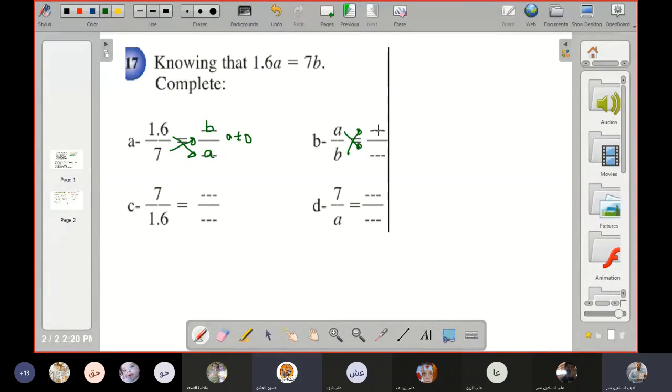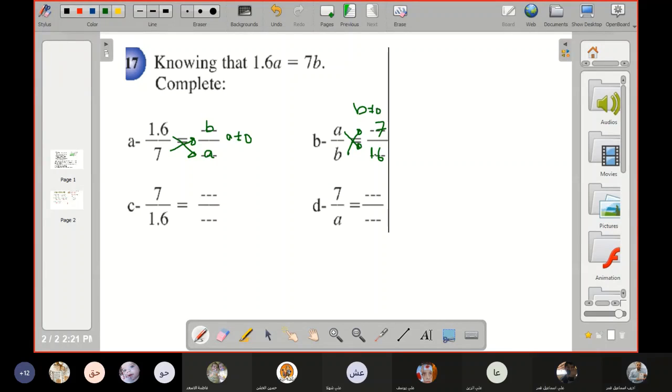If I put 7 in the numerator, then 7B is above. So 7 on top and 1.6 below, right. Now after doing cross multiplication we get A times 1.6, which is 1.6A, and 7 times B, which is 7B. And here we say B is different from 0.